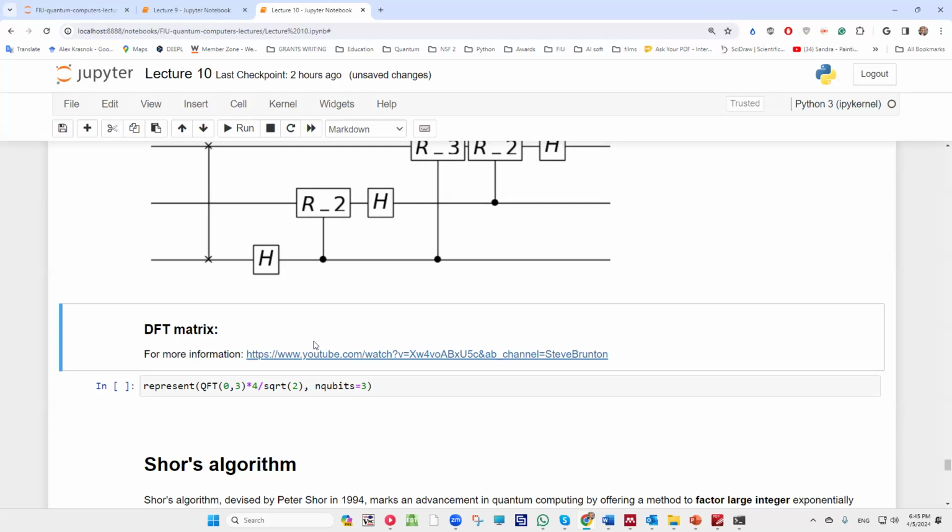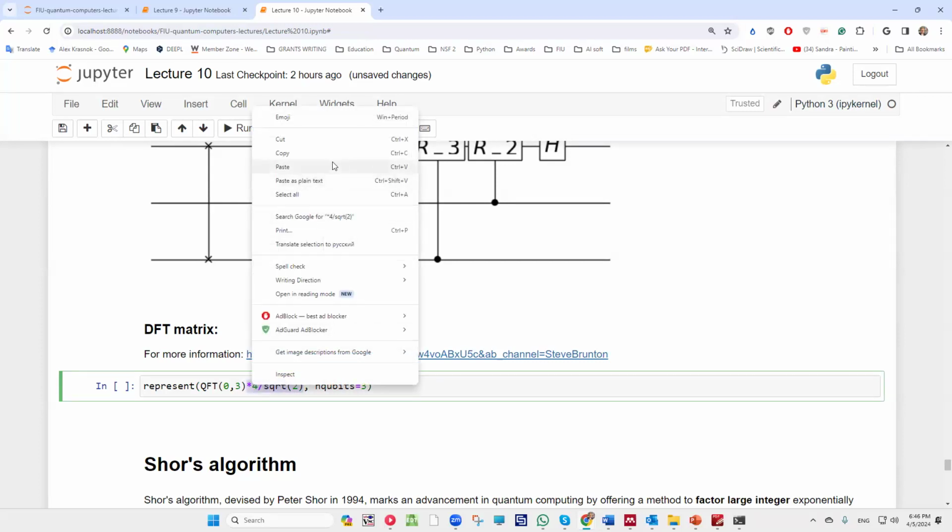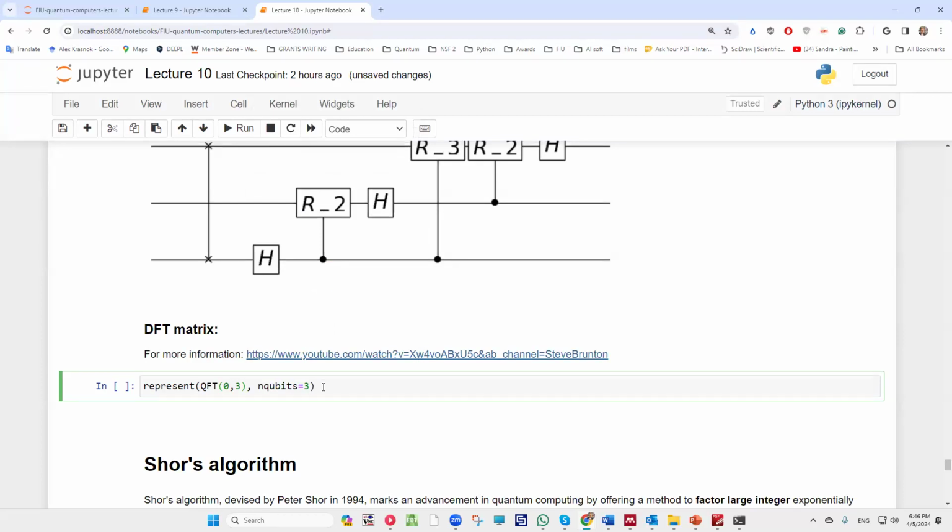All this is about the fast Fourier transform. So I encourage you to look at this. But what is the DFT matrix in this case?